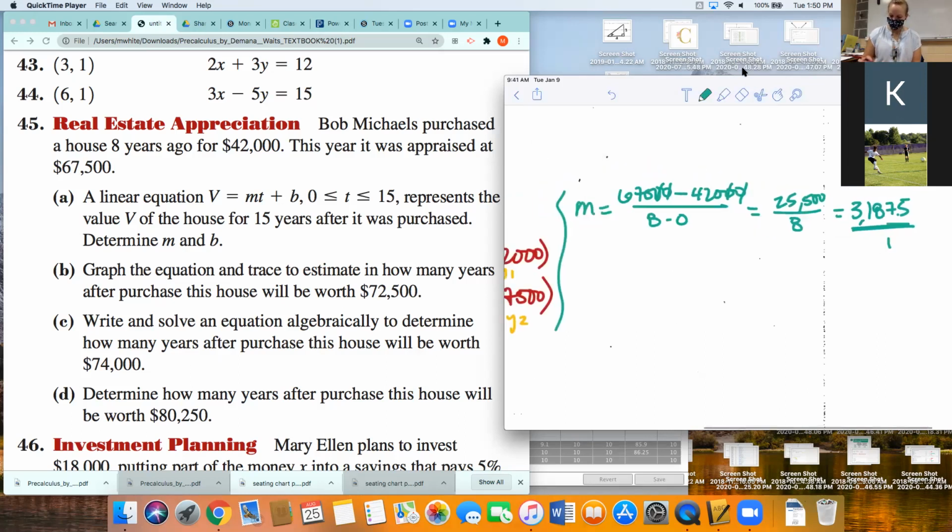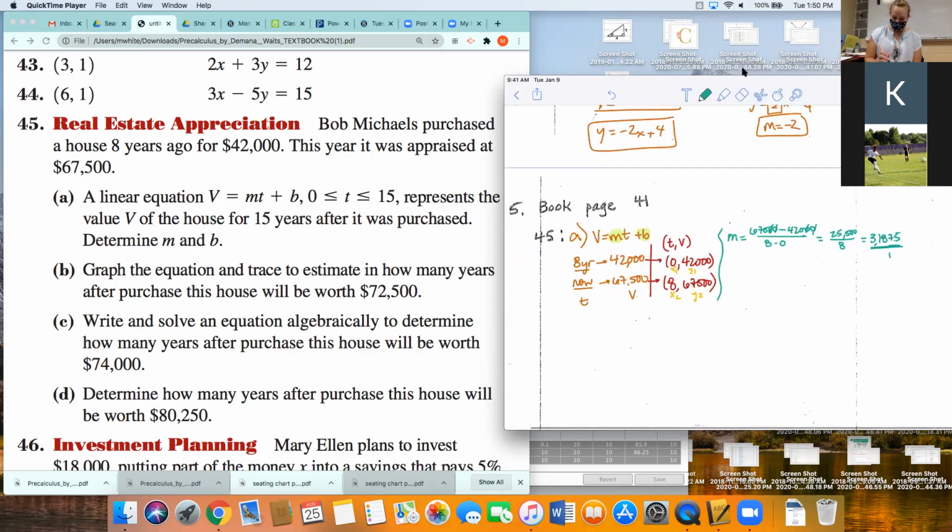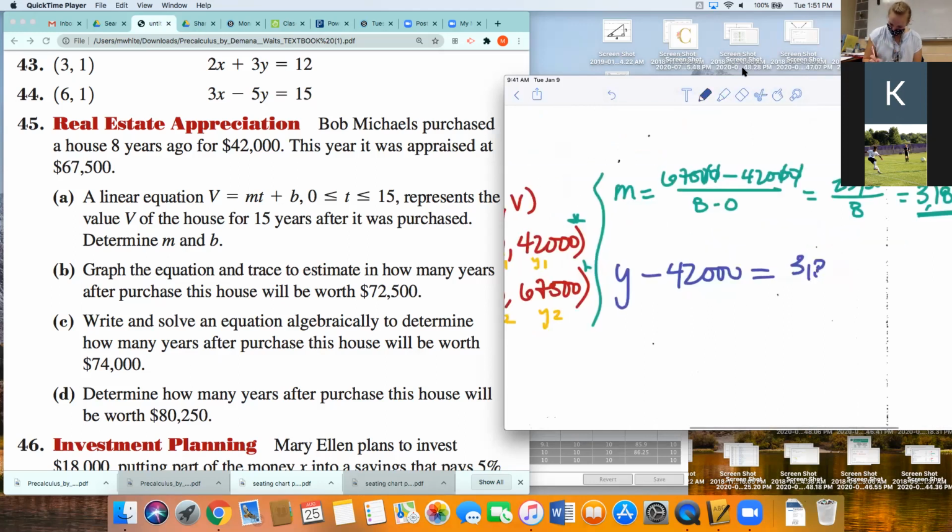I can use this and plug it into my equation with one of my points and find out what B is. I'm going to do the 0 point with 42,000 because 0 is one of the numbers and I don't have to do any more math. So I'm going to do y minus 42,000 equals 3,187.5 times x minus 0.